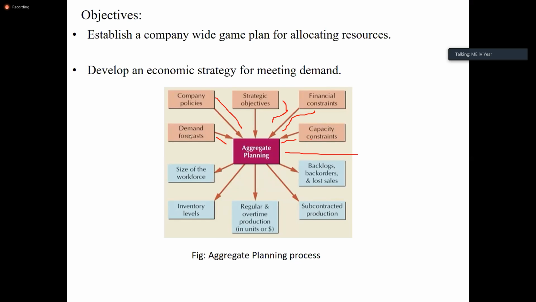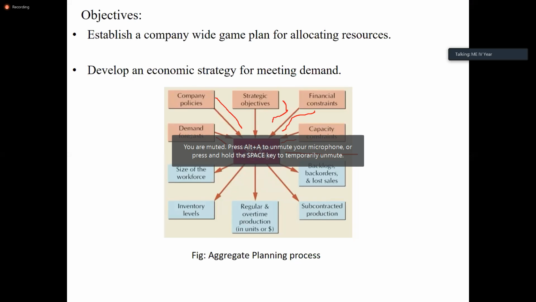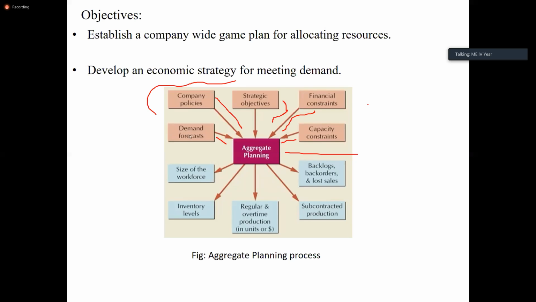So these kinds of constraints are the inputs, and when you properly see these policies, constraints and capacity, these are all hierarchy plannings. Implementation planning comes from here.